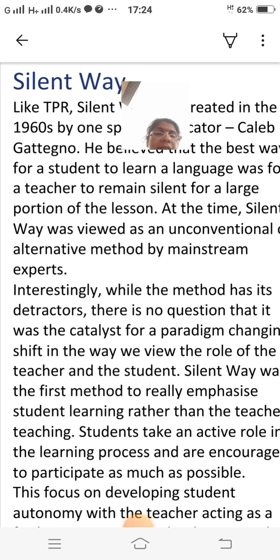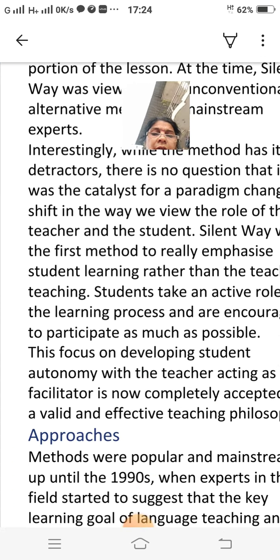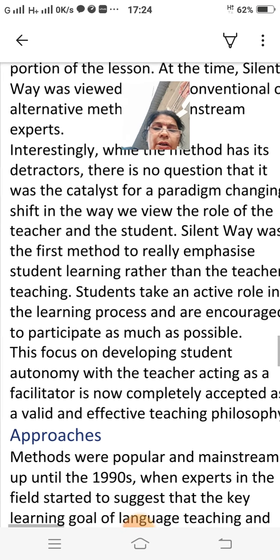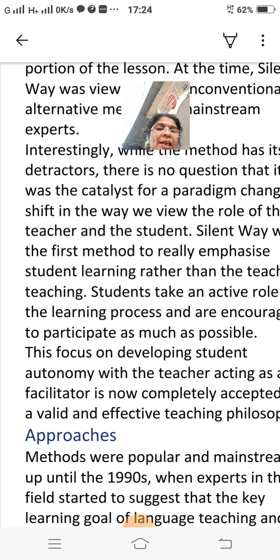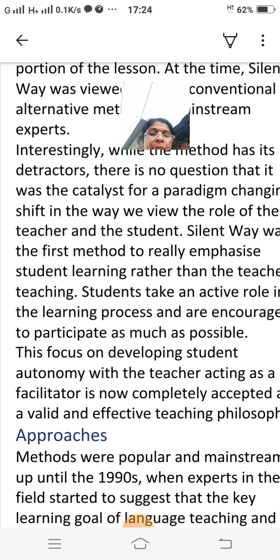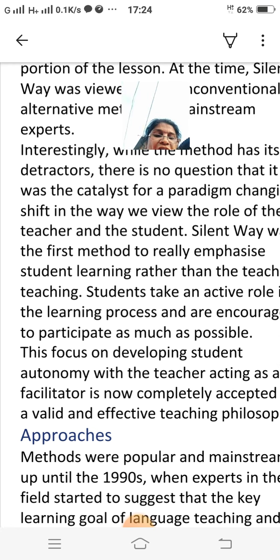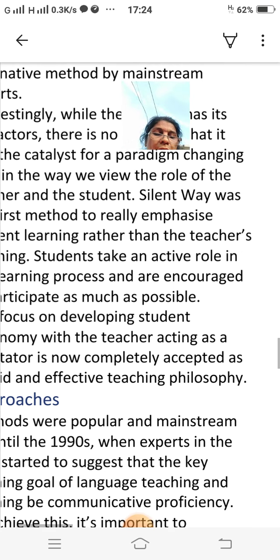Students take an active role in the learning process and are encouraged to participate as much as possible. This focus on developing students' autonomy, with the teacher acting as a facilitator, is now completely accepted as a valid and effective teaching philosophy.